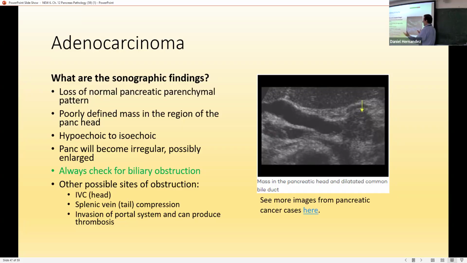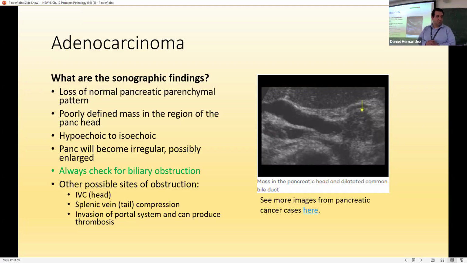We're thinking more middle age to older, so the pancreas is going to be a little more hyperechoic. So that lesion itself will appear more hypoechoic, or could be isoechoic, making visualization of the borders more challenging. But it's going to cause irregularities to the contours as it's growing.